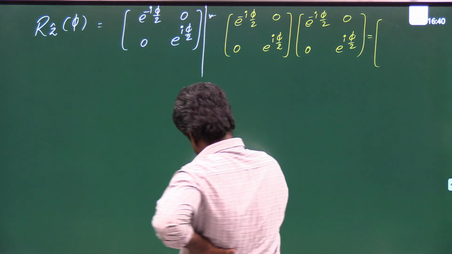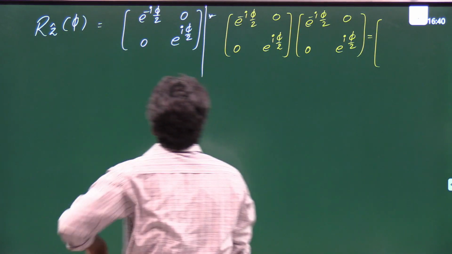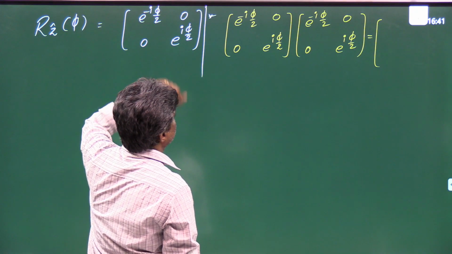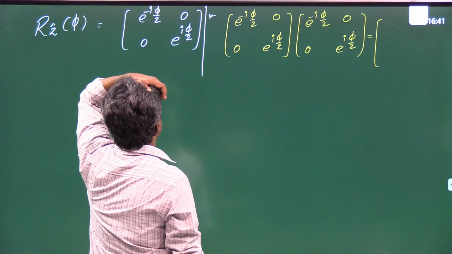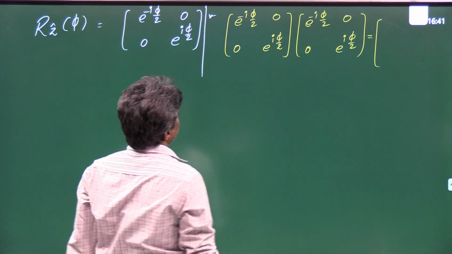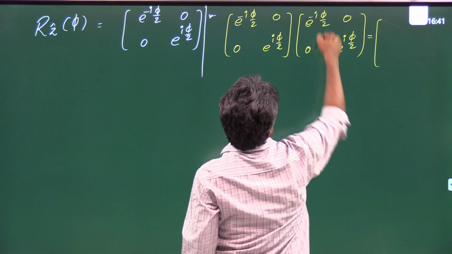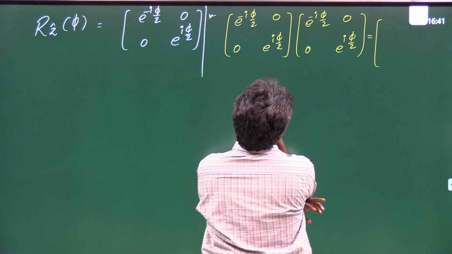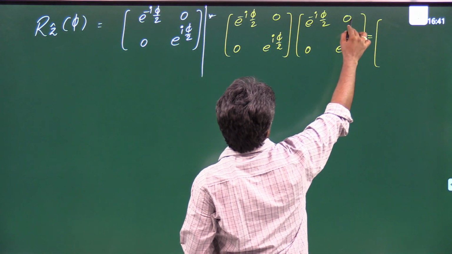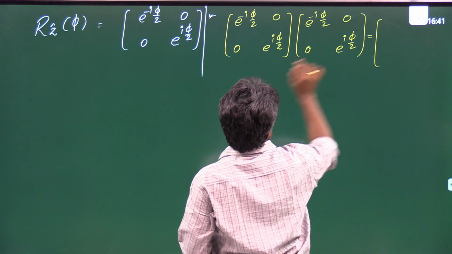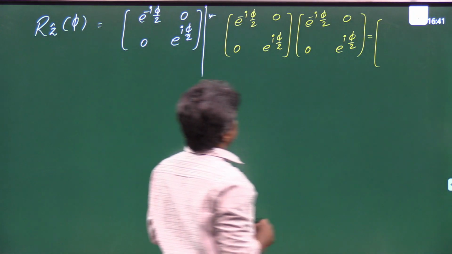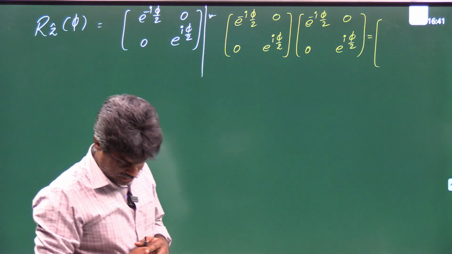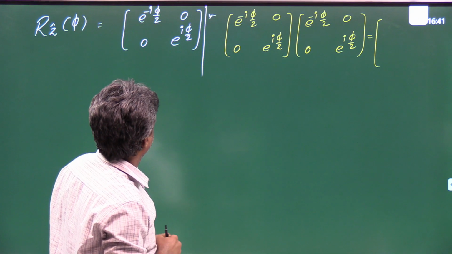Here we need to get 1. Please check whether they have taken the unitary of this. No. This is the row, column. 0, 0, and e raised to i phi. And where is the 1? I'm sorry, it's somewhere.